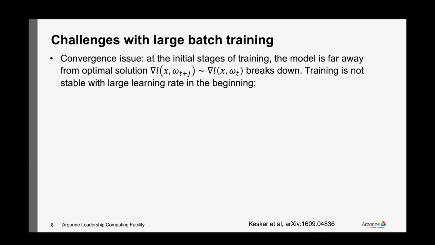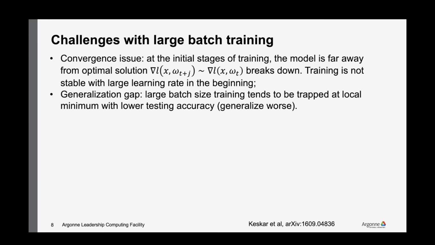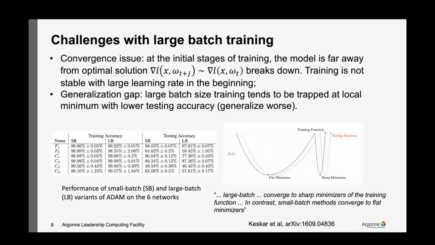And this will become an issue for convergence, because a large learning rate will introduce a lot of instability, and there's also an issue called the generalization gap. So it will have an impact on the overall accuracy. If you're interested, you can check this paper for detail.